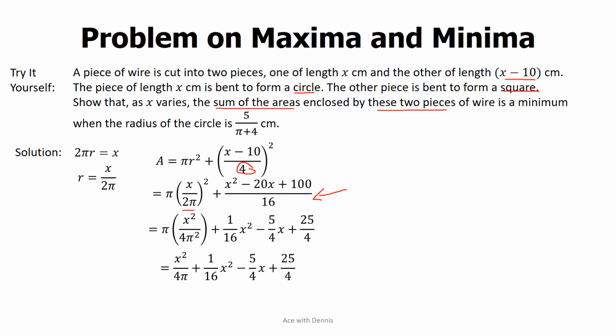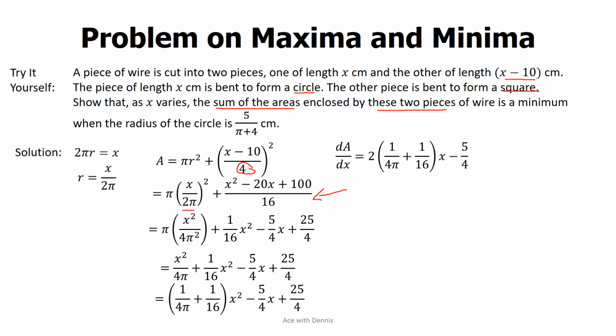Then we further simplify, we get x squared over 4 pi plus 1 over 16 x squared minus 5 over 4 x plus 25 over 4. So we can factorize the x squared, which we get 1 over 4 pi plus 1 over 16, times x squared, minus 5 over 4 x plus 25 over 4.